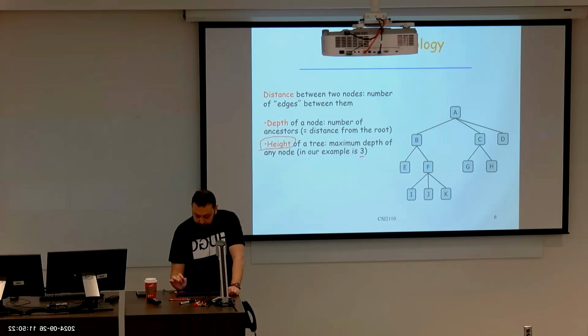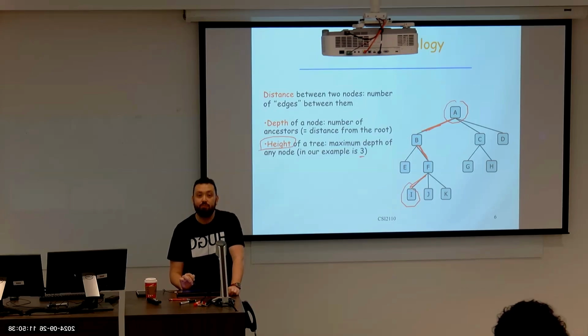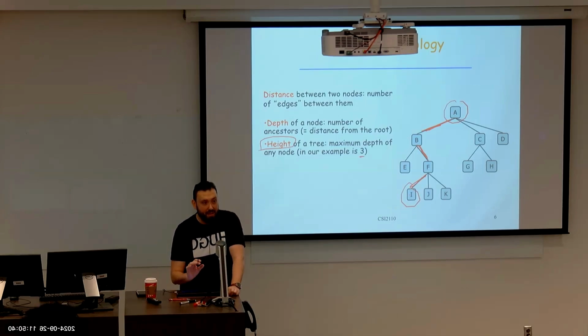Why? The way that you want to calculate it, you start from the root till the longest leaf. That's the longest path, and you're going to count these edges. So that's 1, 2, 3. You don't count the nodes. Okay, guys? So that's how we do the height.